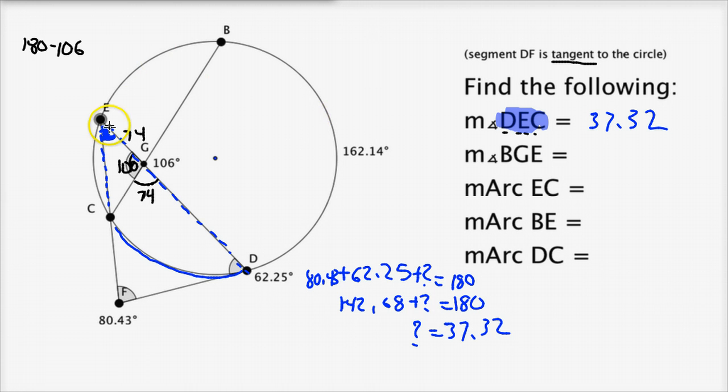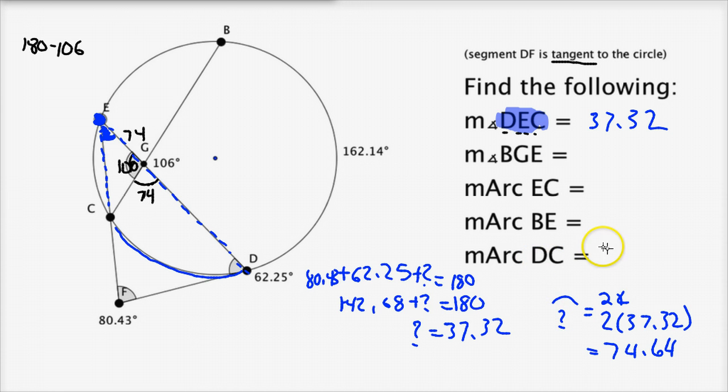And that's super cool because when we have a vertex on the circle and it's casting an arc to the other side of the circle, we just have that half double relationship, meaning that the arc is equal to 2 of the angles. Sweet. So the arc, in this case, we don't know what that is, but we know that the angle is 37.32. So if we double that, 2 30s is 60, 2 7s is 14, so that's 74.64 equals arc CD.